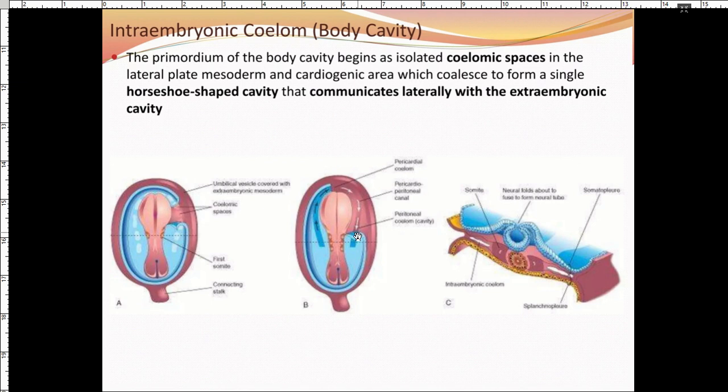So the primordia of the body cavity begin as isolated histologic spaces in the lateral plate mesoderm and your cardiogenic area, which coalesce to form a single horseshoe-shaped cavity that is going to communicate laterally with the extra-embryonic cavity. We're going to see it later. When this is completely separated, the intra-embryonic space is going to communicate with the extra-embryonic cavity.